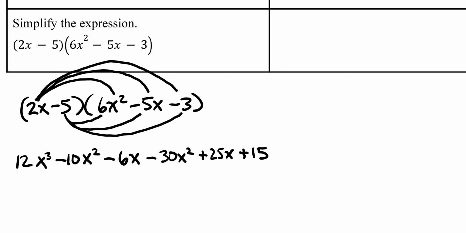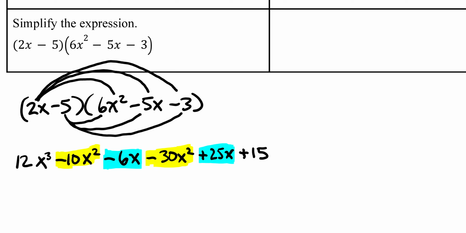And then I'm going to use a little color to help us see which ones are like terms. So this minus 10x squared is a like term with this minus 30x squared. Also this minus 6x, and this plus 25x are also like terms because they both have the x.